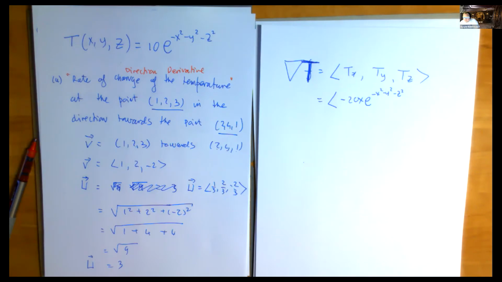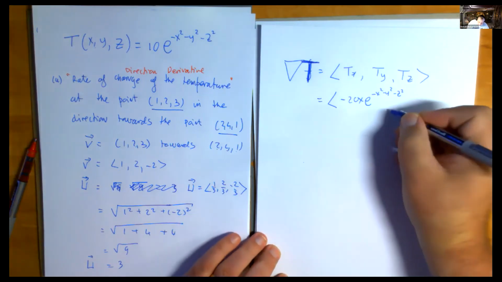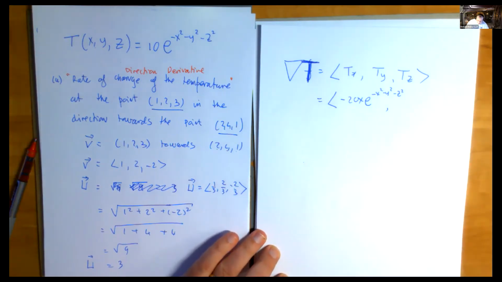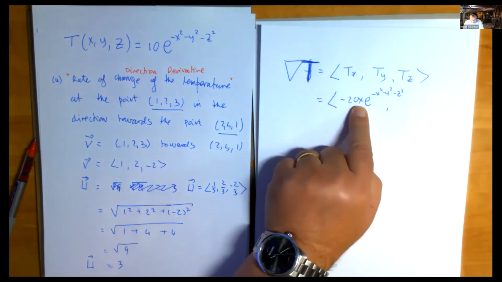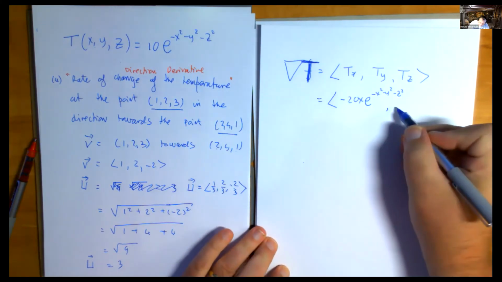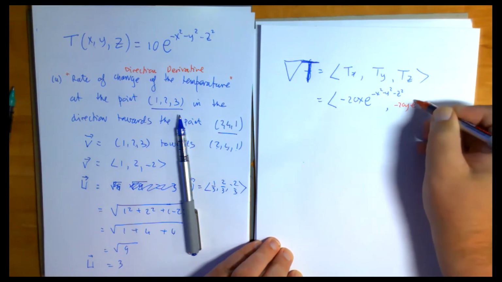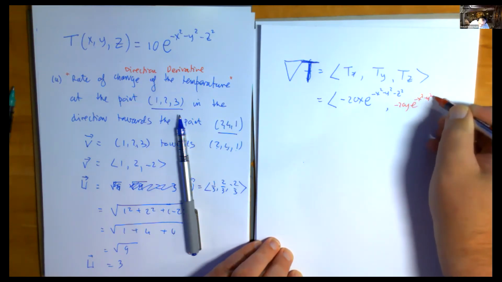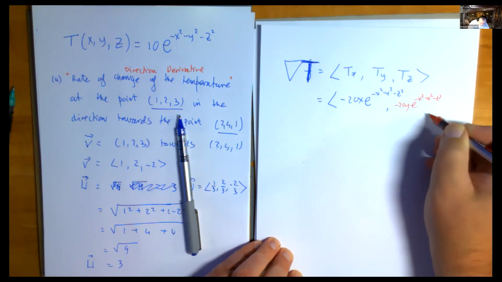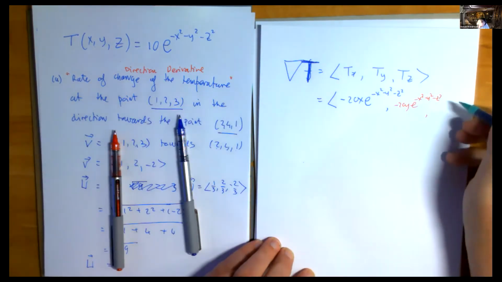You comfortable with where the negative 20 came from? Jason, you look puzzled. Okay, we're good. Right, tell me what the next one's going to be without doing all that work, just using this as my template. Negative 20y. Agreed. I got 3 people all at the same time, which is a good sign. I'll do the next one then.